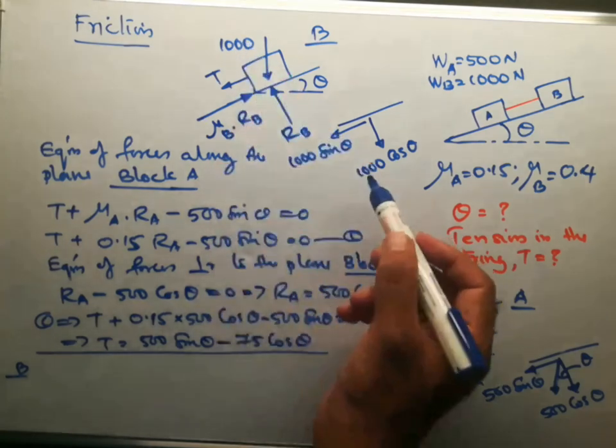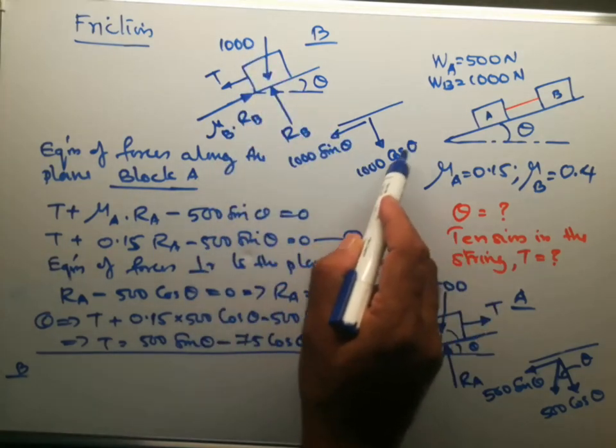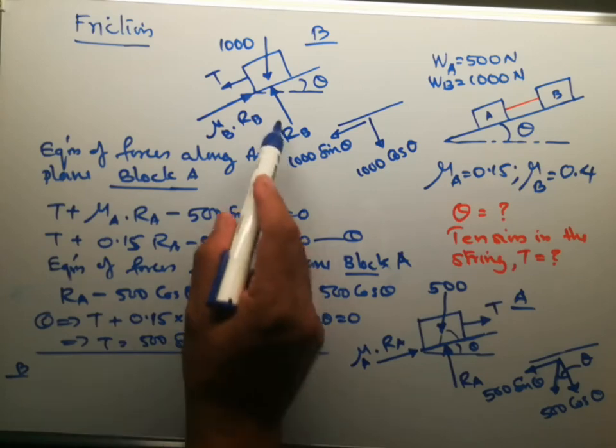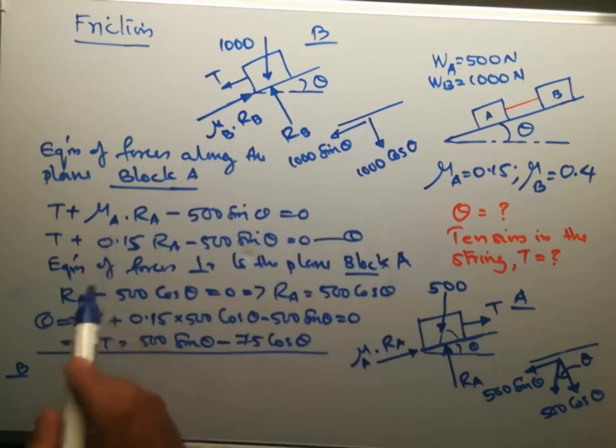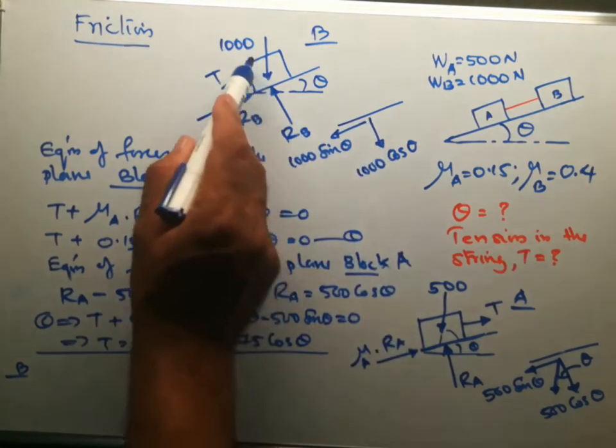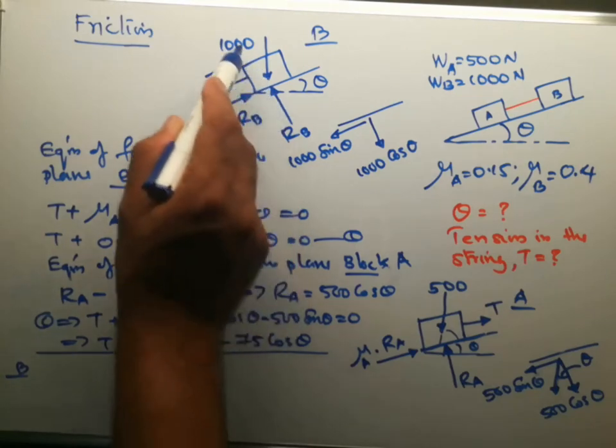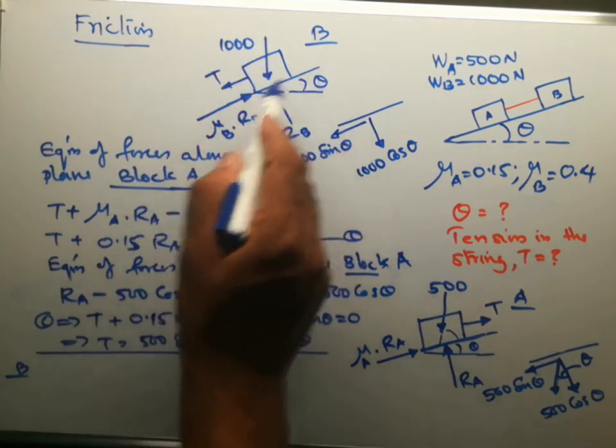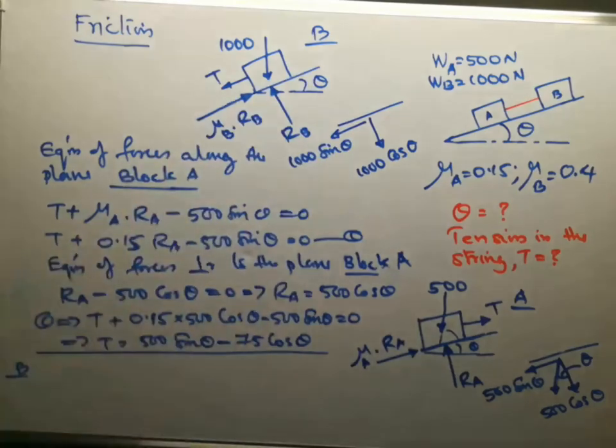RB minus 1000 cos theta must be equal to 0. 1000 cos theta is the perpendicular component of 1000 Newton, perpendicular to this inclined plane. So it is RB equal to 1000 cos theta.